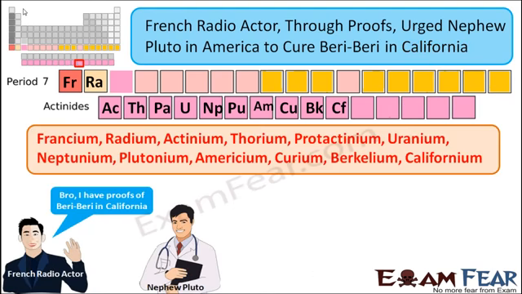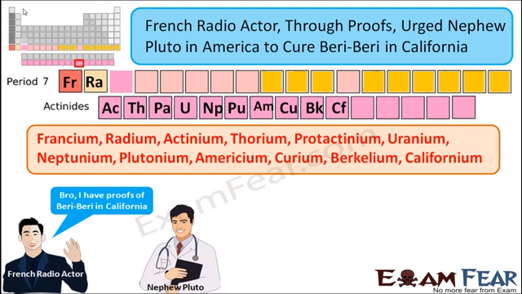So our final memory tip for the elements of period 7 would be: French radio actor through proofs urged nephew Pluto in America to cure berry in California.